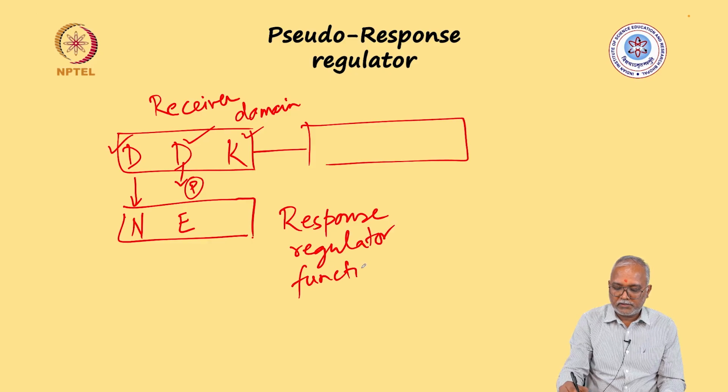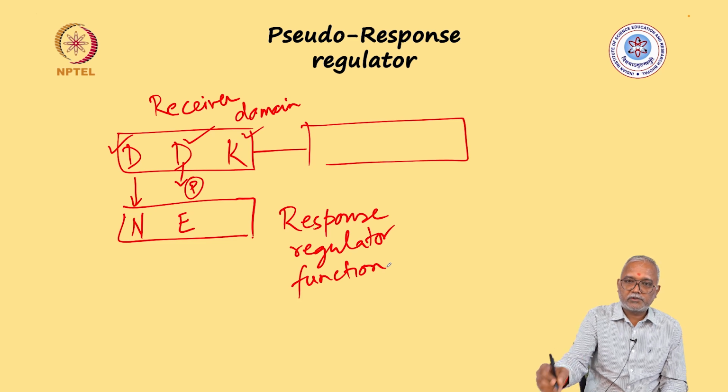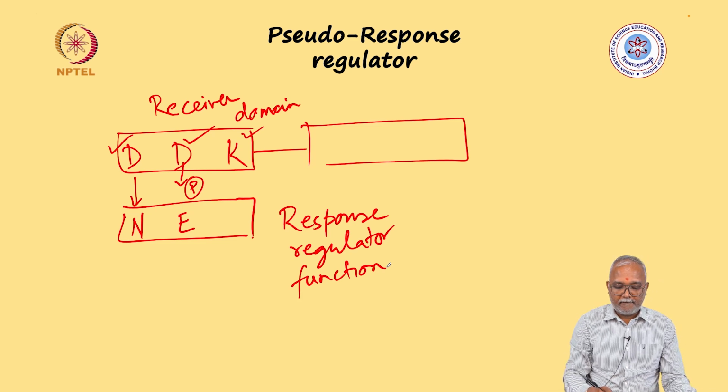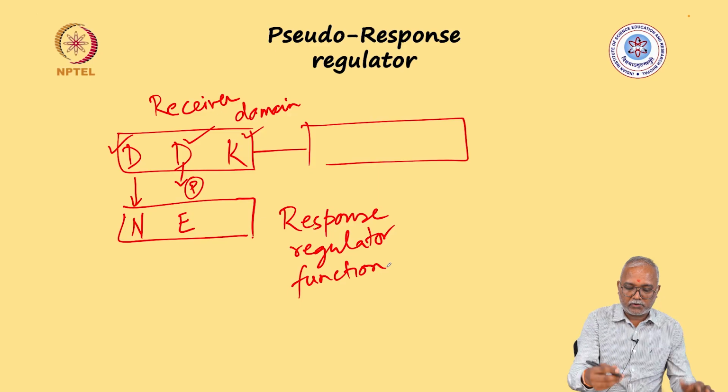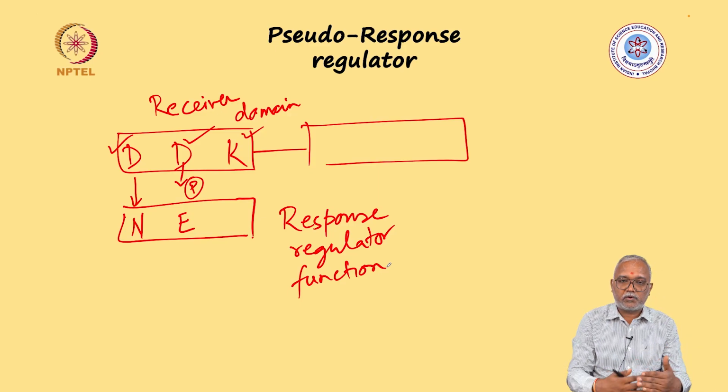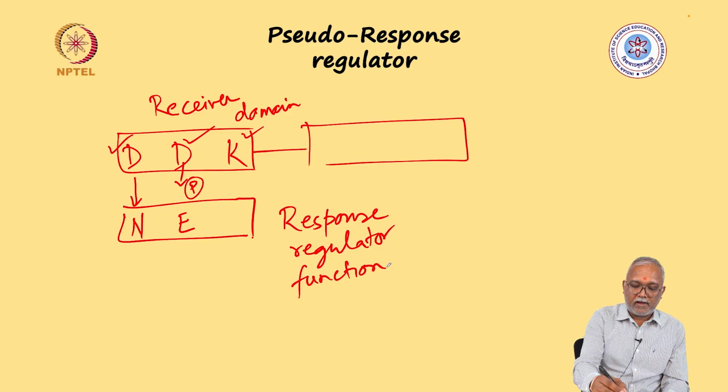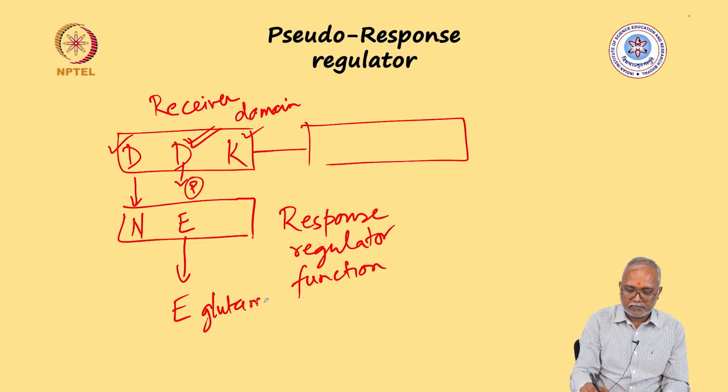There are multiple genes which are coding for pseudo response regulators present in the plant. So you will notice that in all those, if you align the sequence of these pseudo response regulators, you will find that in place of this canonical aspartate residue, you have this glutamate residue.